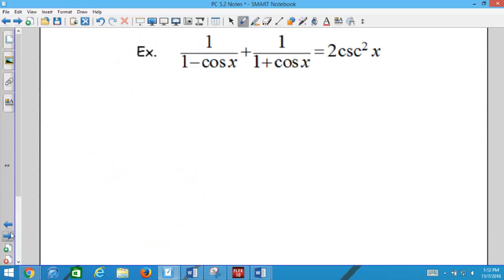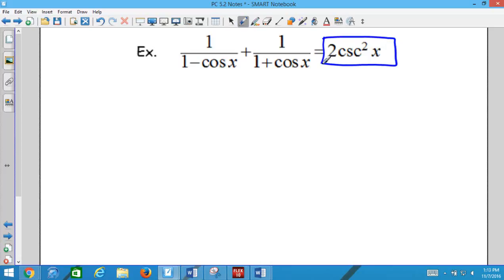All right, for this one, which side looks more complicated? The left side looks more complicated because there's fractions, and anytime you have addition or subtraction, it's more complicated. So the left side is the side I'm going to work with. So I'm going to leave 2 cosecant squared x as is.